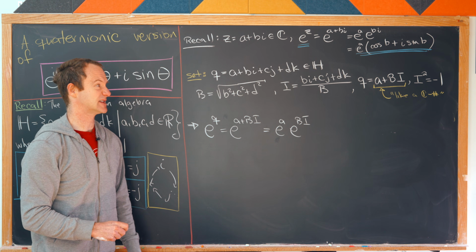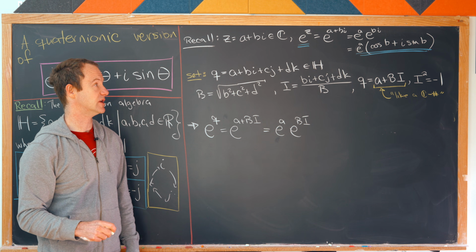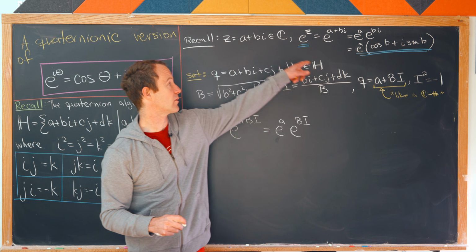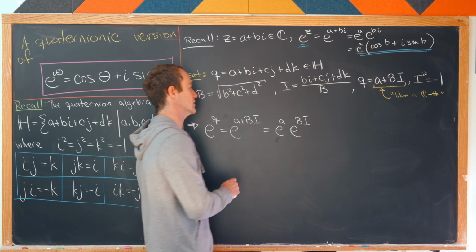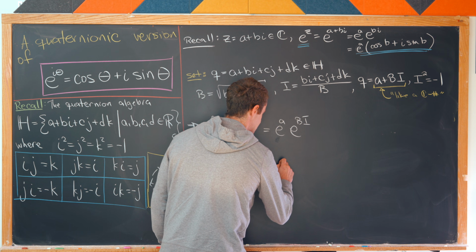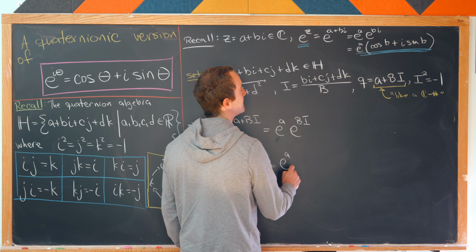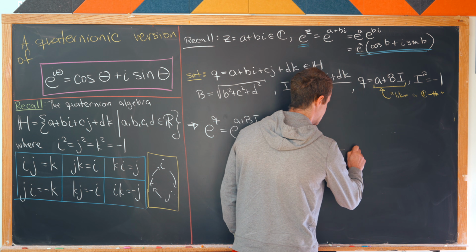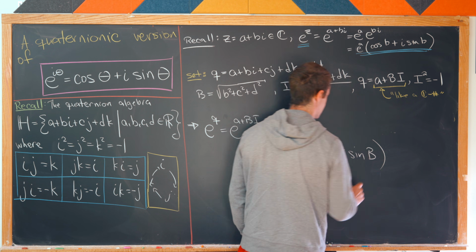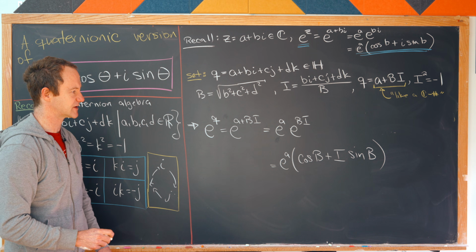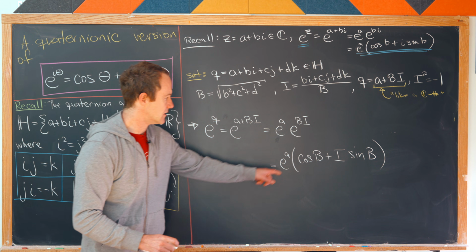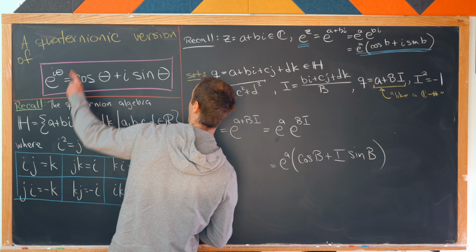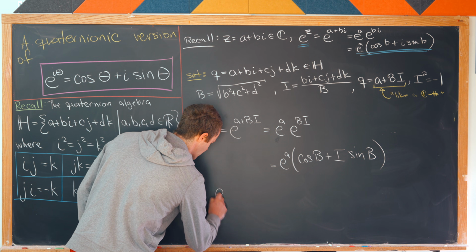Since this capital I is like an imaginary unit, when it interacts with itself, we can apply this formula up here that's underlined in blue. That gives us e to the a, and then cosine of b plus I times the sine of b. Now we can rewrite this formula using what b and capital I are, and then we have our quaternionic version of this famous formula.